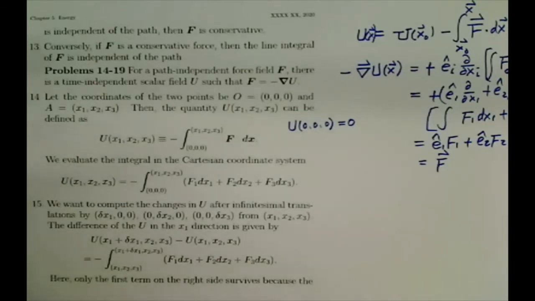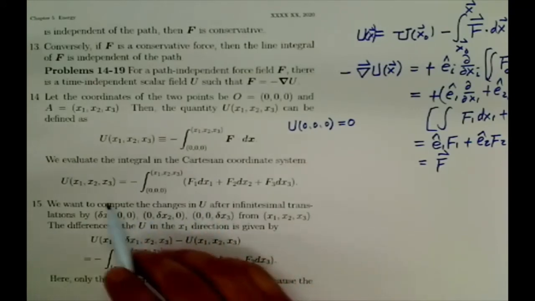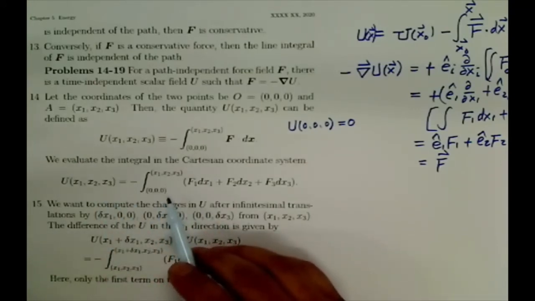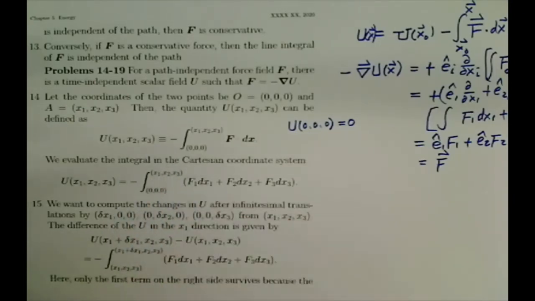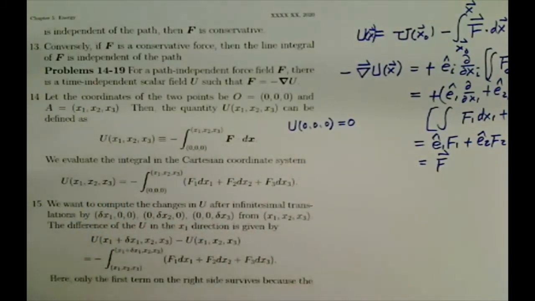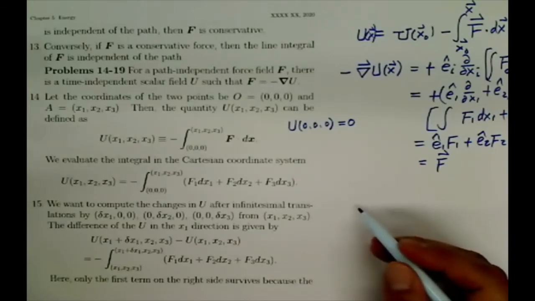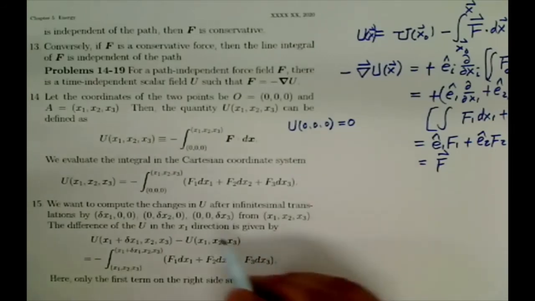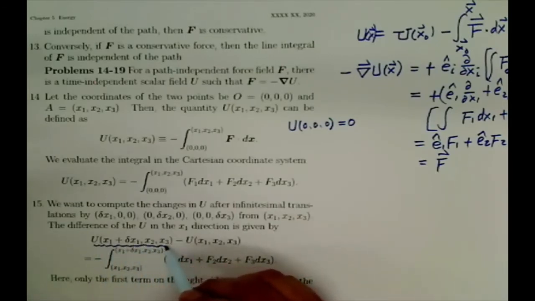So we want to compute the change in the potential energy. We just evaluate the integral. The change in potential energy from this point to that point can be made.